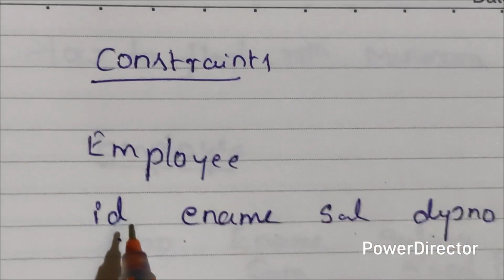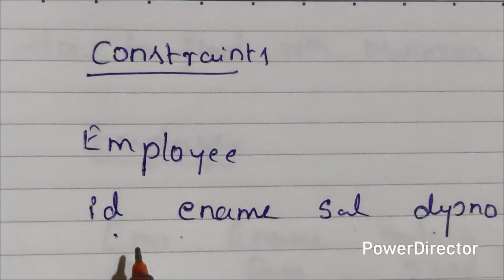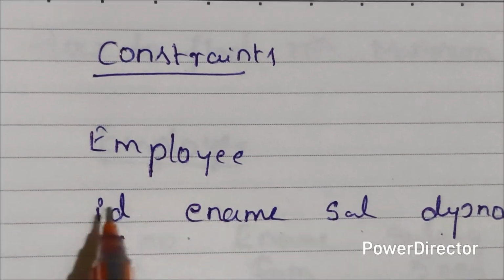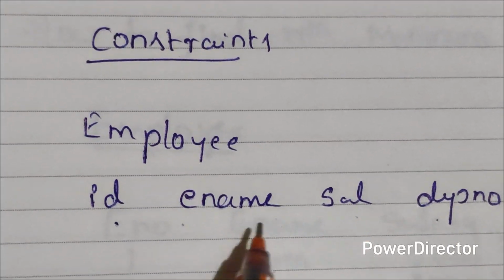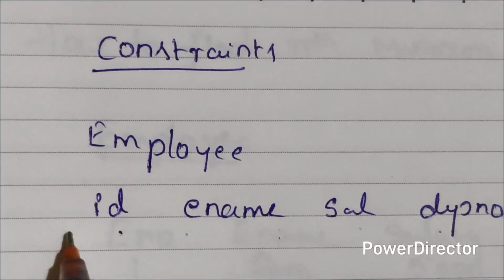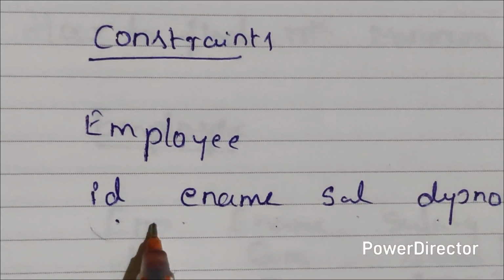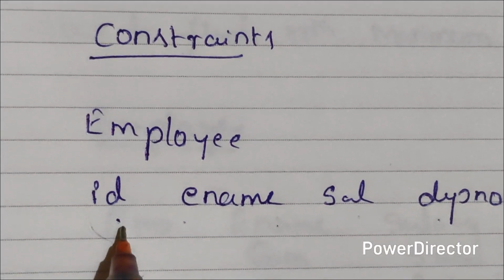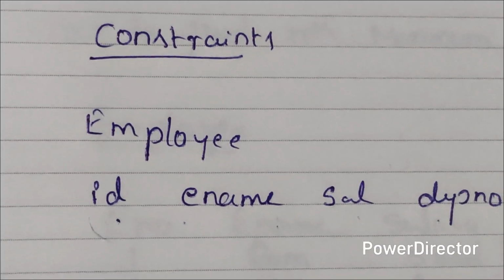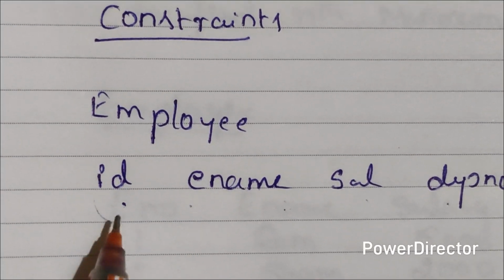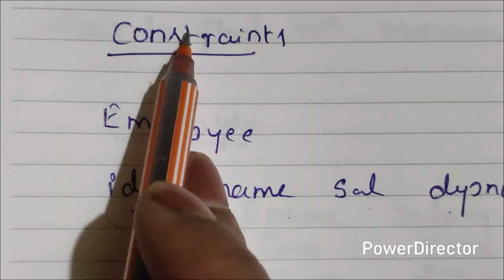So constraints are the conditions or restrictions used on the attributes of the table. Why are they used? To preserve the data correctness. If you want to store the data in the table correctly, these constraints are used.